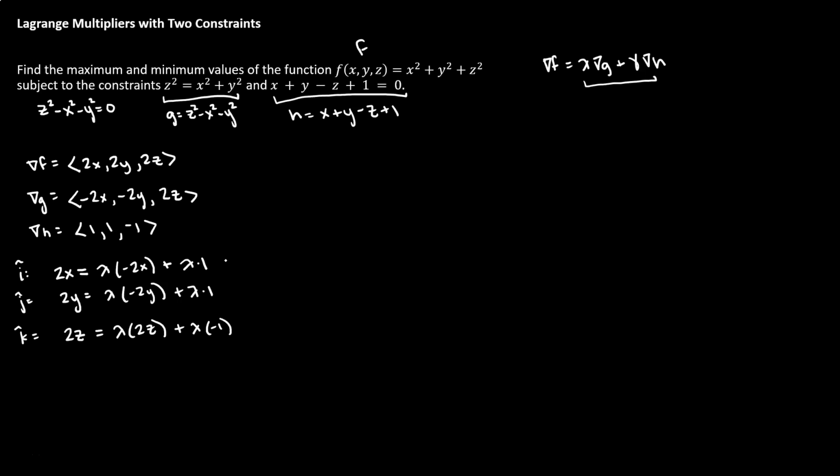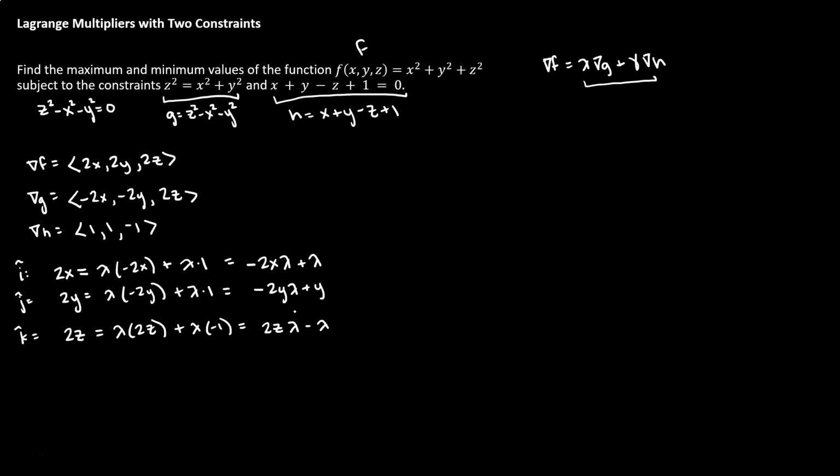We can clean these up a little bit. Lambda times negative 2x can look like negative 2x lambda plus gamma. Lambda times negative 2y can look like negative 2y lambda plus gamma. And this last one, we have 2z lambda minus gamma. There are 5 unknowns here.